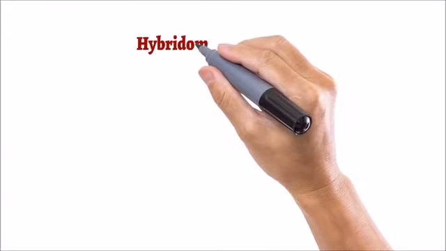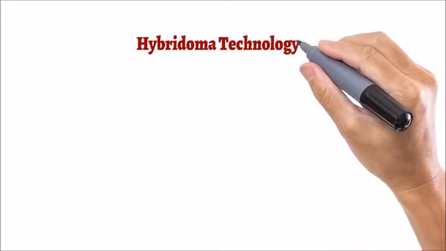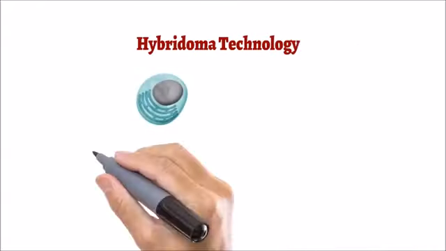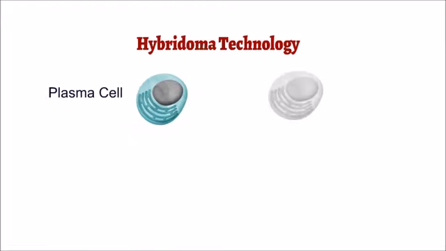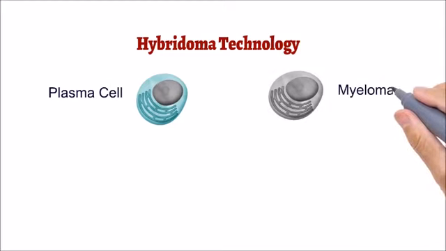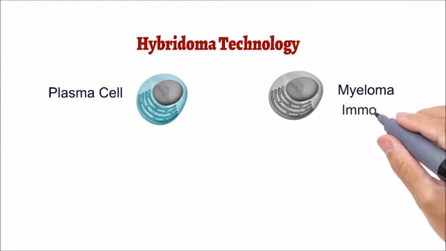In Hybridoma technology, this problem of the short lifespan of plasma cells is overcome by fusing them with a cancerous cell which is called a myeloma cell. Myeloma cell, due to being a cancerous cell, is immortal in nature.